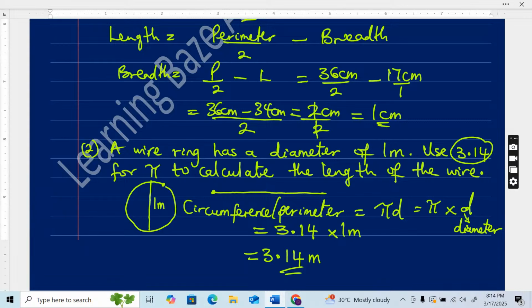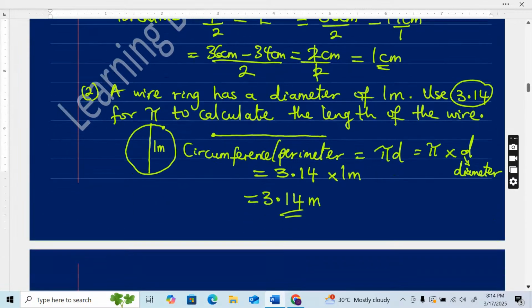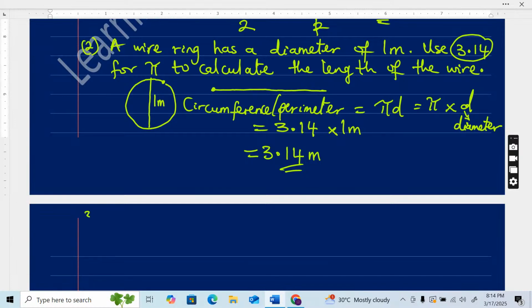Now let's move on to the next question, which is question 3. Make sure you're very fast in writing. Now my question 3 says, find the value of 3.2 divided by 8,000.